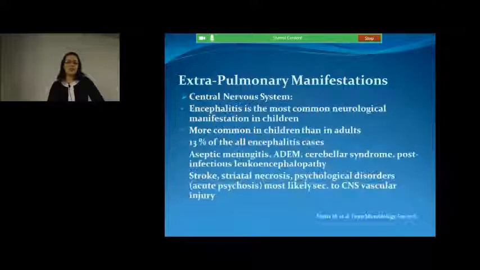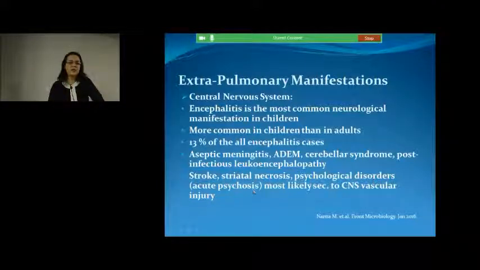Central nervous system. So encephalitis is the most common neurological manifestation in children. It's more common in children than adults. And Mycoplasma is responsible for 13% of all encephalitis cases. Mycoplasma can also cause aseptic meningitis, acute disseminated encephalomyelitis, cerebellar syndrome, post-infectious leukoencephalopathy, strokes, and striatal necrosis.